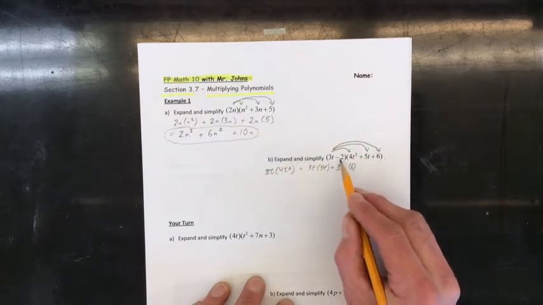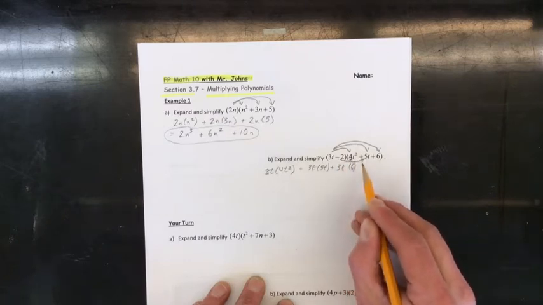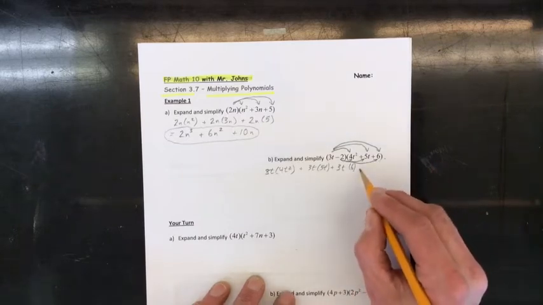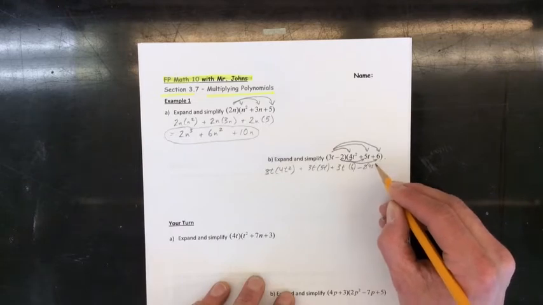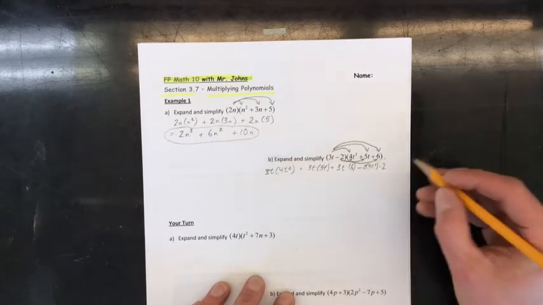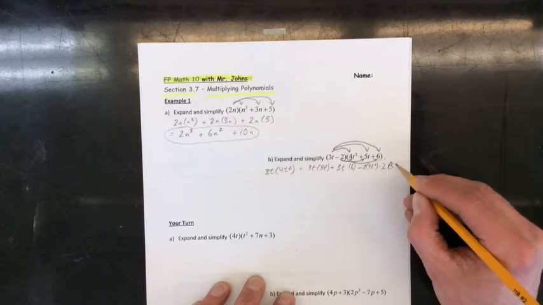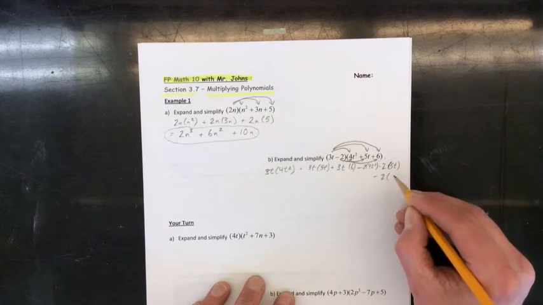For the negative 2, I'm going to multiply it by everything in the bracket, also using arrows, giving me negative 2 times 4t squared, negative 2 times 5t, and negative 2 times positive 6.